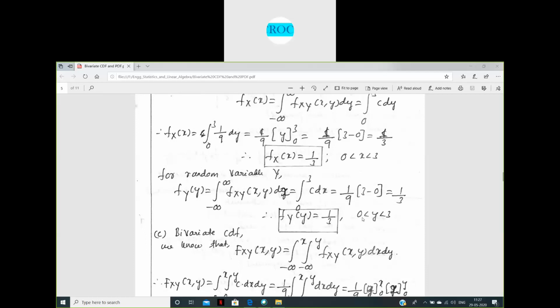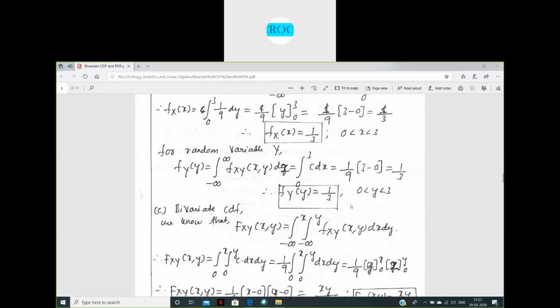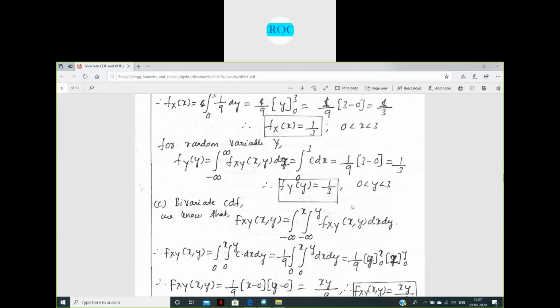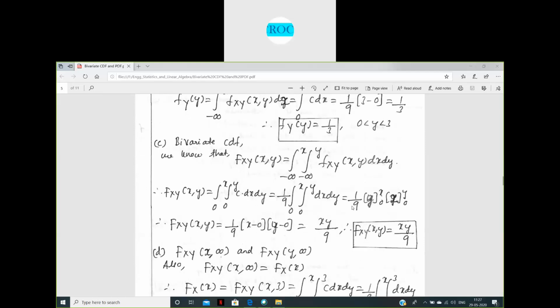The third part you need to calculate is the bivariate CDF. What is the formula we have? It is equal to the integration from minus infinity to x, and the integration from minus infinity to y, of fXY(x, y) dx dy. Now substitute for the bivariate PDF, which is equal to c, and we calculated c is equal to 1/9, with limits 0 to x and 0 to y, dx dy.